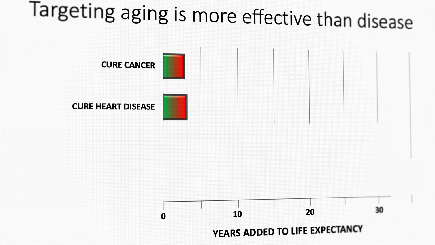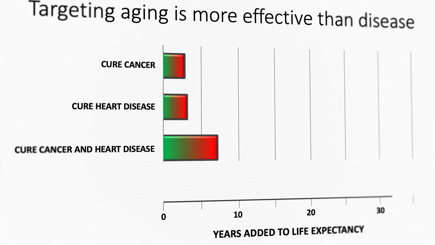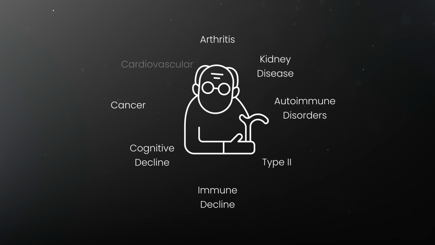If we could cure all forms of heart disease, you get about the same impact on life expectancy for a typical 50-year-old woman. If you cure both, it gets a little better. You get about 7 years. And I think when you stop and think about this for a minute, the reason for what I would argue is a relatively smaller effect on life expectancy than one might anticipate is because you've only fixed one thing or 2 things.